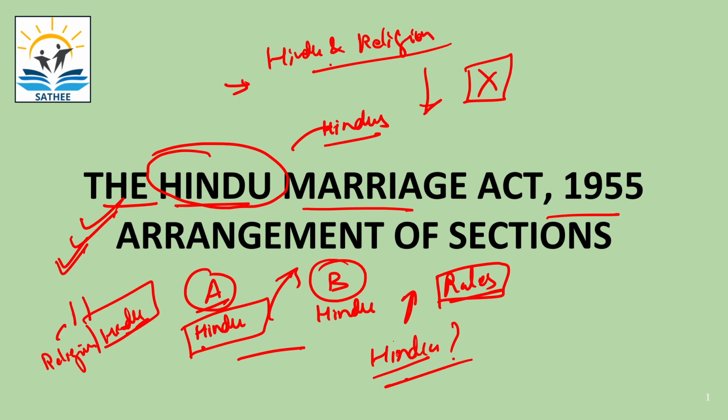So for that, we will be reading this particular legislation. We will try to understand who exactly is a Hindu according to the Hindu Marriage Act of 1955, and how the marriage will be solemnized in order to make sure that the marriage happening according to this Act is a valid marriage.